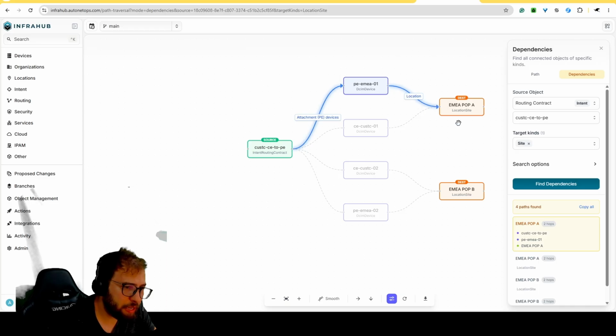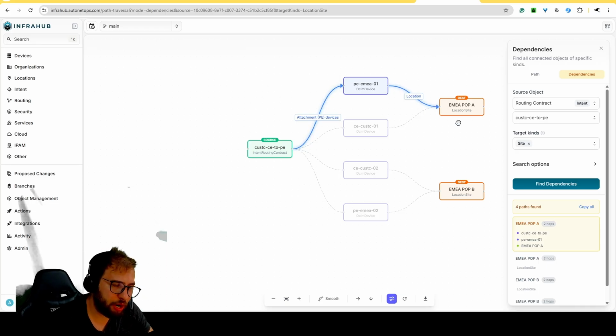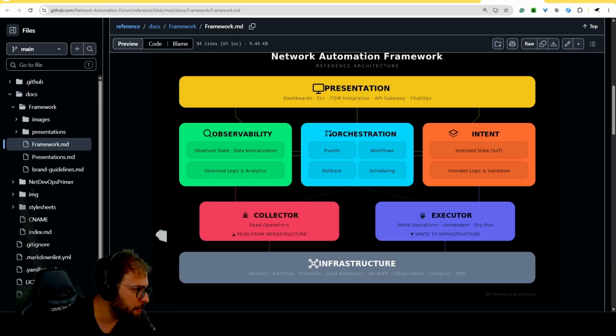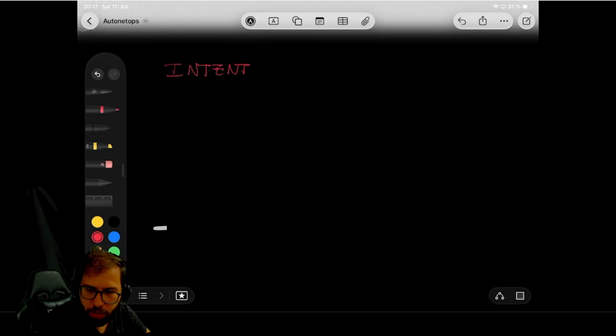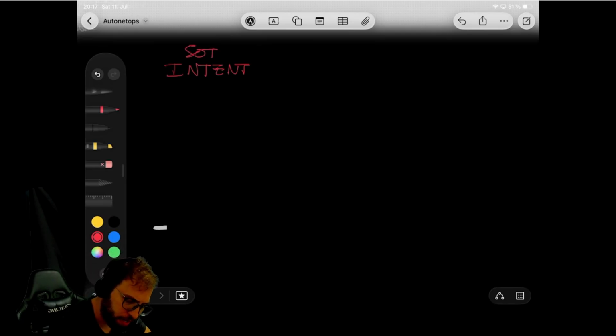Now, let's take a look then. What else are we trying to achieve when we are bringing this intention? What differentiates a source of truth and makes it become my intention? The source of truth is really answering what we are made of.